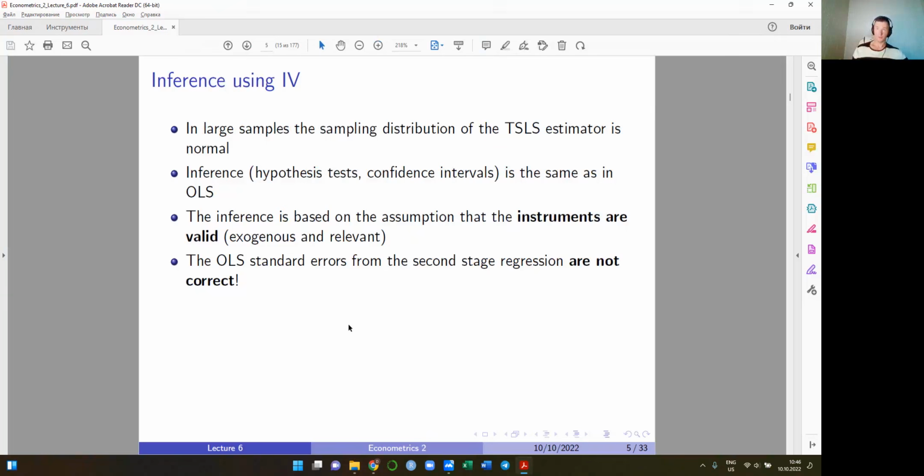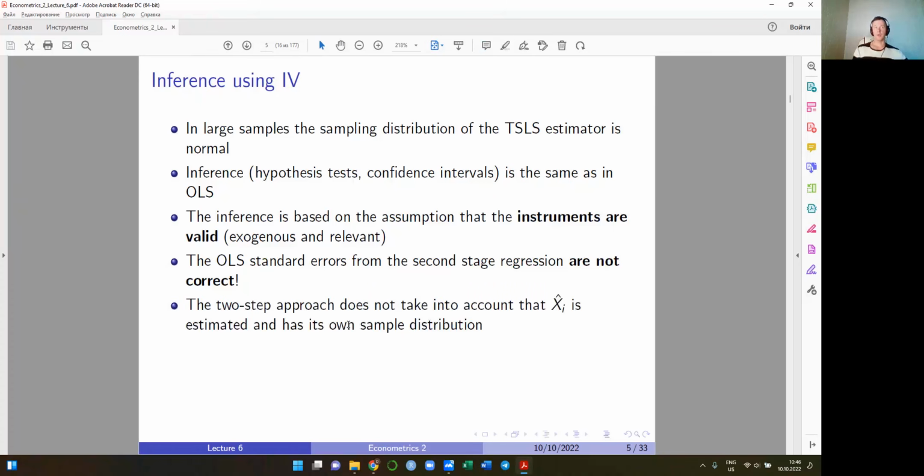So if you perform this regression in two stages and you simply take standard errors from the second stage of OLS, those standard errors are not going to be correct. I will demonstrate this. We don't take into account that x hat is a random variable itself, because x hat is based on the estimates of betas.